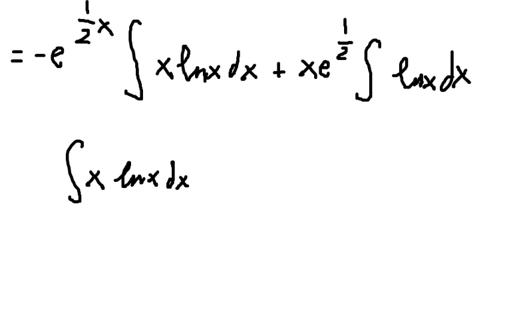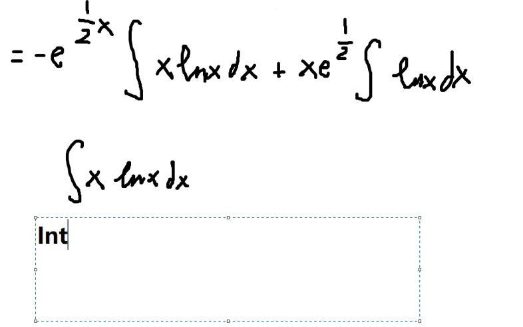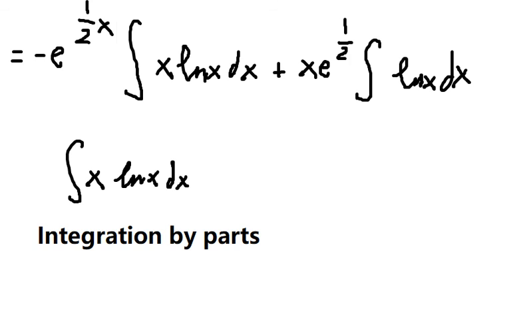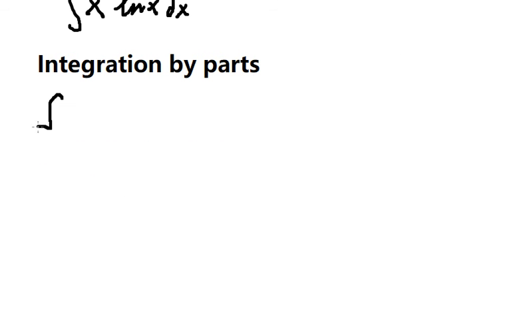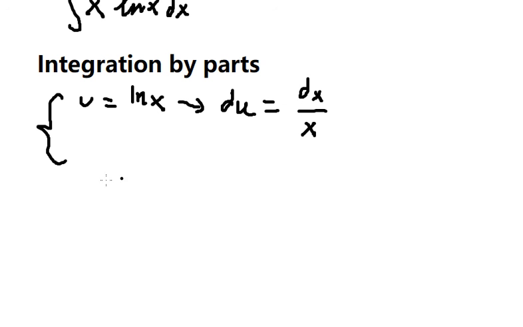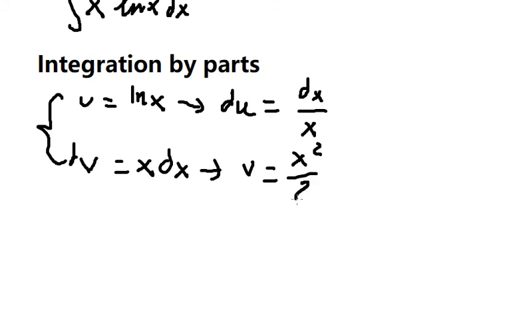We can use integration by parts. So I will put u equals ln s. So we do the first derivative of both sides, and we have ds over s. dv equals s ds. The integration of this one, we have s squared over 2.